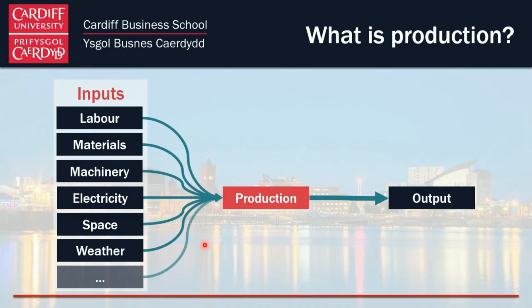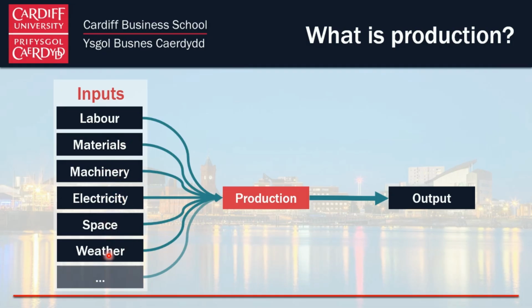When you think of a production process, this is roughly a sort of a caricature of a production process. The inputs may change depending on what you're producing, but as a general idea, what you're looking at is a process where you have a bunch of inputs, the chief of which is the labor, the human element, essentially the people that you hire to produce things. And then a bunch of other things: materials, machinery, electricity.